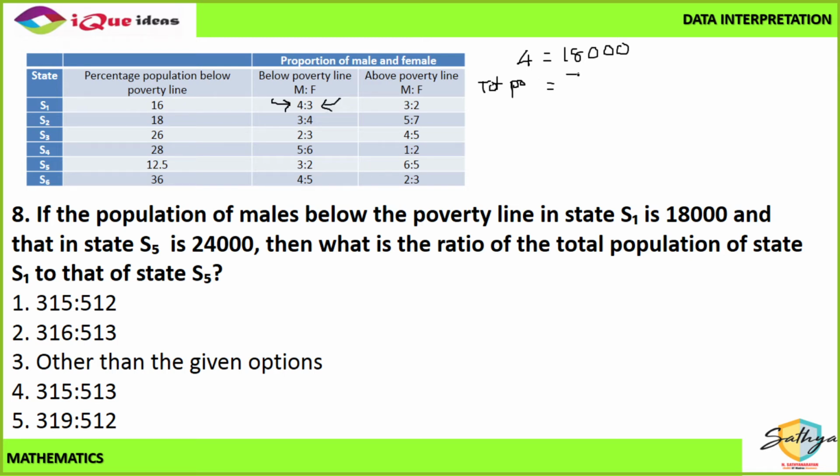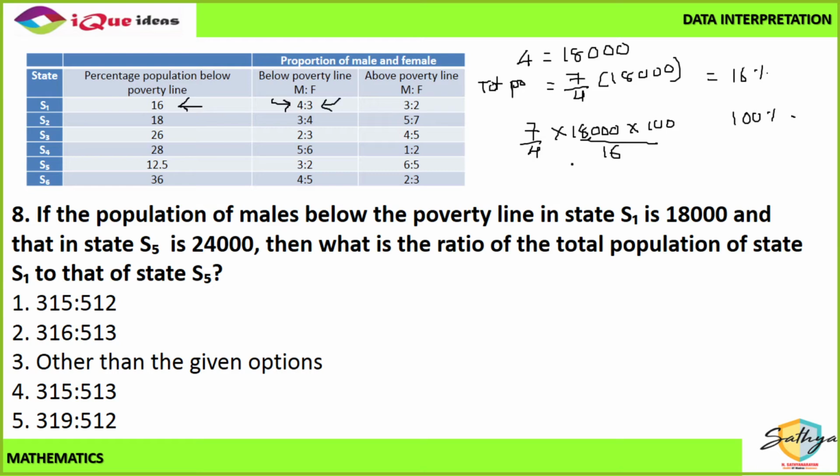So, that is equal to 7 upon 4 times 18,000. And if this is equal to 16%, then the complete population 100% will be equal to how much? So that will be 7 upon 4 into 18,000 into 100 divided by 16.